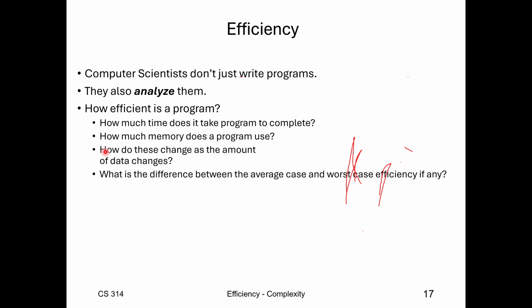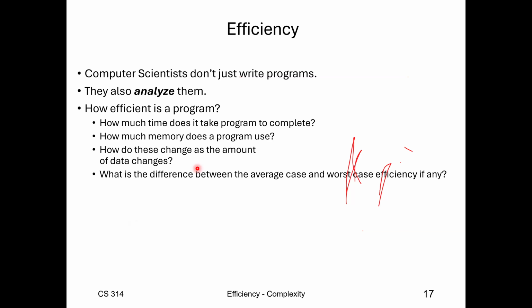All right. So these three fundamental questions: how much time does it take the program to solve the problem or to complete? How much memory does the program use to solve the problem or complete? And then three, how are the amount of time and the amount of memory use affected when the data that we are processing becomes larger?